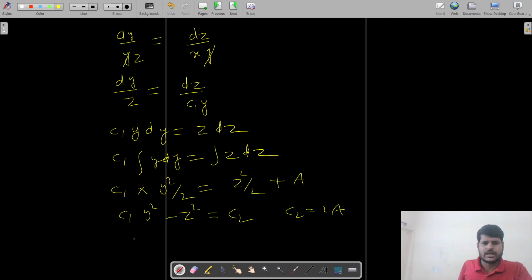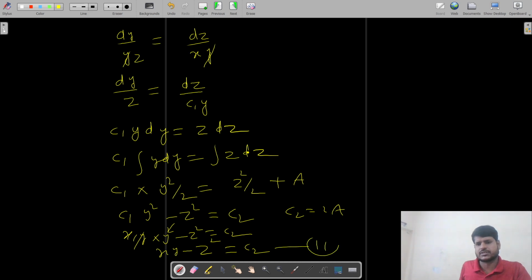Now I can write the value of c1, that is x upon y, into y square minus z square equal to c2. So the y cancels, we have xy minus z square equal to c2. This is equation 2.